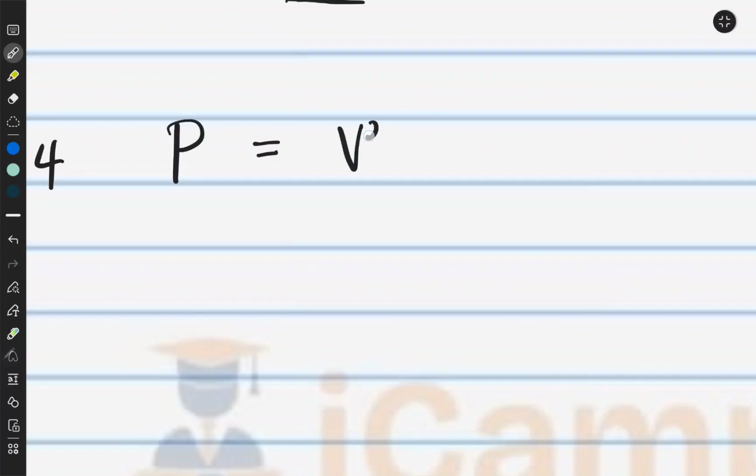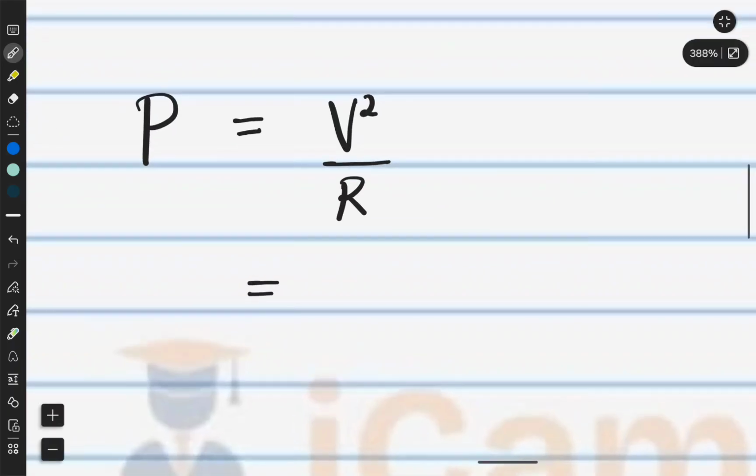So we can say V squared over R, because we don't know the current. I can't use V times I or I squared times R, because I don't know the current. I can calculate the current, but it'll take me an extra step. I don't need to. So this one is just plug and play. I can use this one, okay?